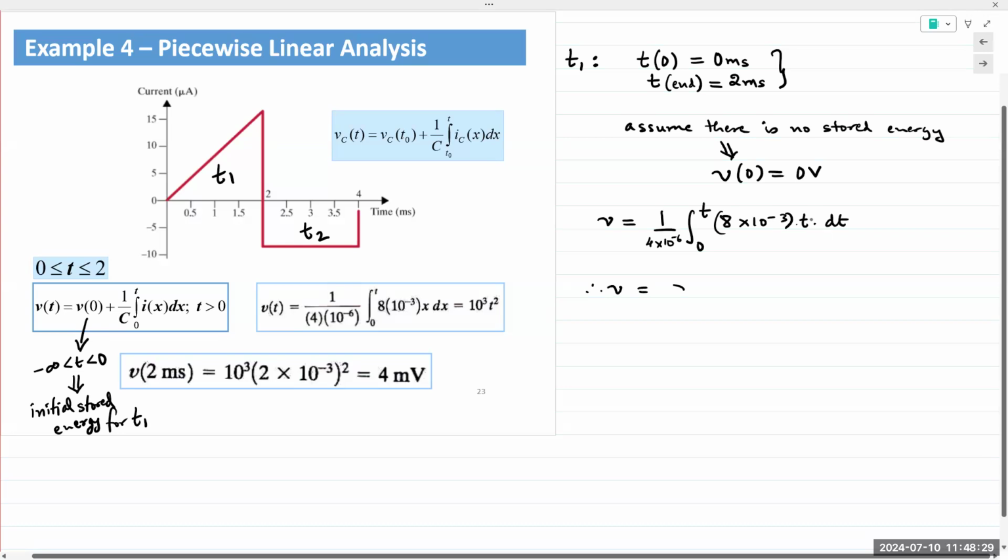V is 8 into 10 raised to minus 3 over 4 into 10 raised to minus 6, and I'm going to change this T to X. And so integration of X becomes X squared over 2 between 0 to T. And this gives me the answer V1 as 10 cubed times T squared volts.